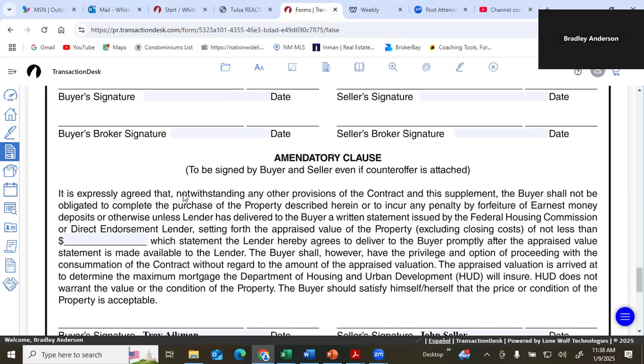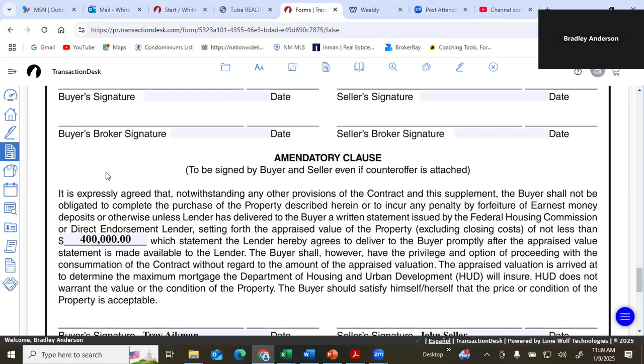So this is just a fancy way of saying it has to meet the sales price. And in my example, that was $400,000. Okay, so this has to be in writing as per the federal government.